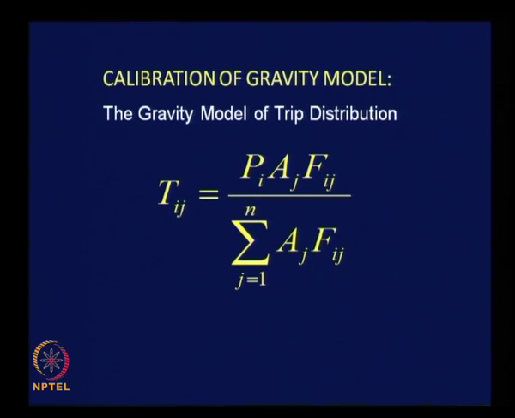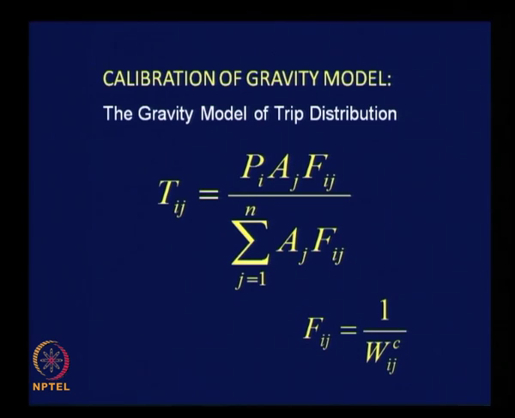That is how we have understood Fij, and you may recall originally it was 1 by Wij raised to power c, and for our convenience we have just taken that factor as Fij, right. It is inverse of a function of travel impedance between traffic zones.